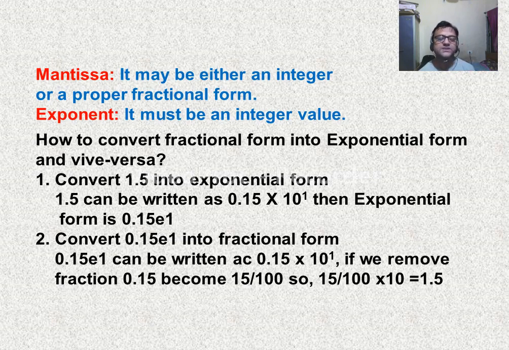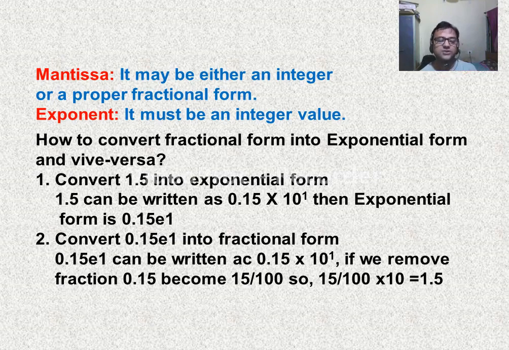Now second, convert 0.15e1 into fractional form. This is the vice versa part. So 0.15e1 can be written as 0.15 into 10 to the power 1, because for the exponent we use into 10 and the number given after the exponent is used as the power. So the number given after is 1, that's why 10 to the power 1.